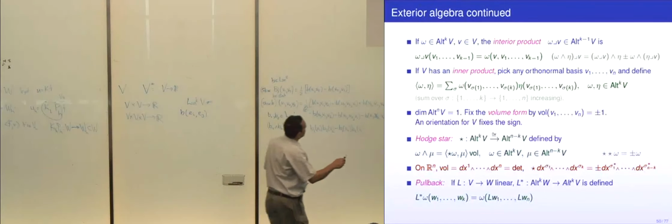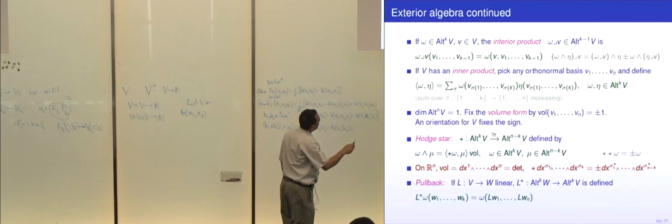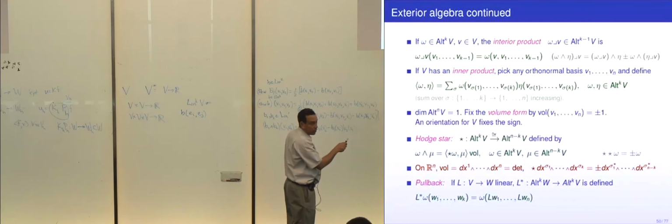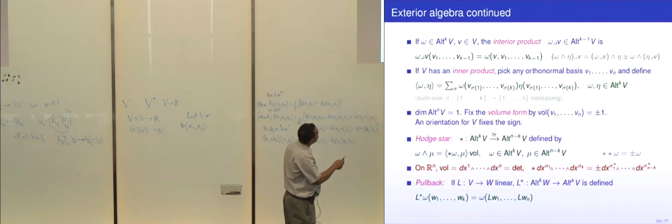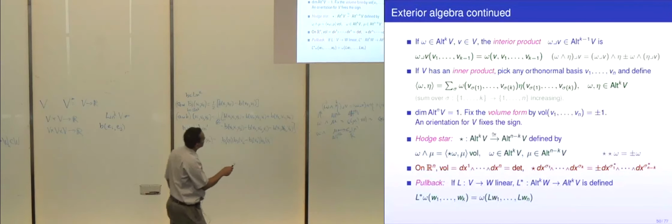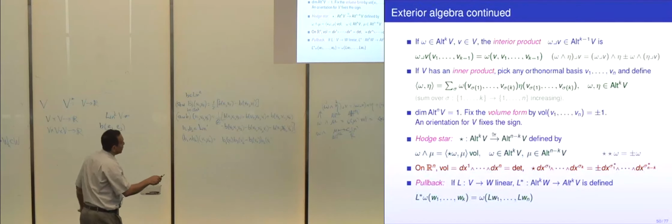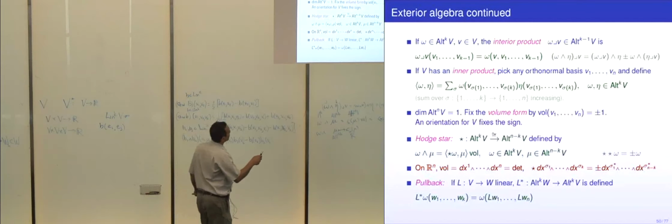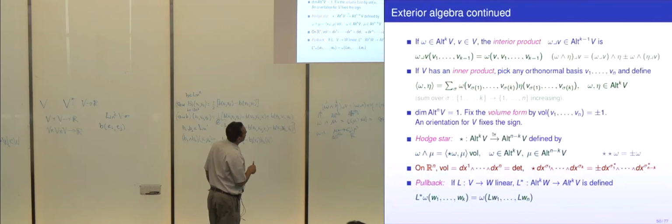Okay, this is a space of dimension n choose k, and this is also a space of dimension n choose k. And it's easy to see that this is an isomorphism. In fact, if you do it twice, you get it back again, plus or minus. So we have a nice isomorphism from k forms to n minus k forms. It depended on our choice of our inner product and orientation, but otherwise, it can't be done on any vector space. You need an inner product, but then we have a way to identify k forms and n minus k forms.